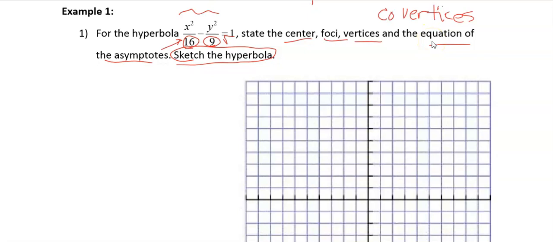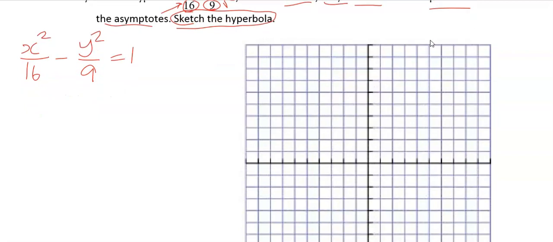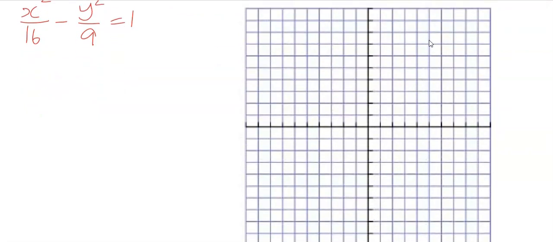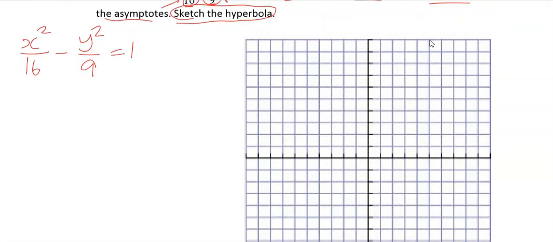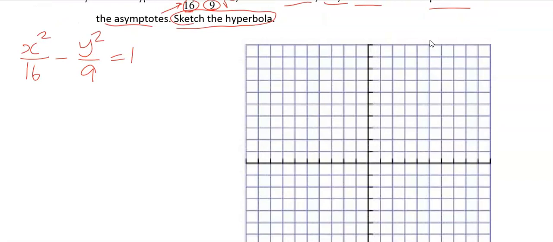Okay, I'm going to write the equation down below because I'm going to need to move down. X squared over 16 minus y squared over 9 equals 1. Now, notice, I can clearly tell that's a hyperbola, because the x is squared, the y is squared, and there's a subtraction sign between them.